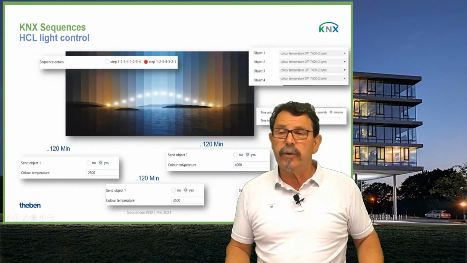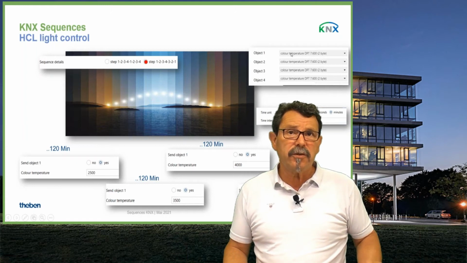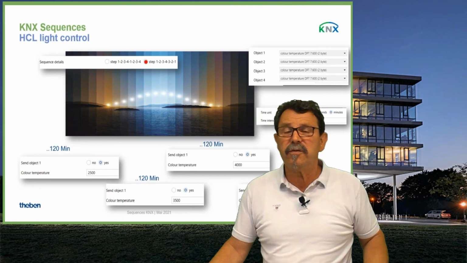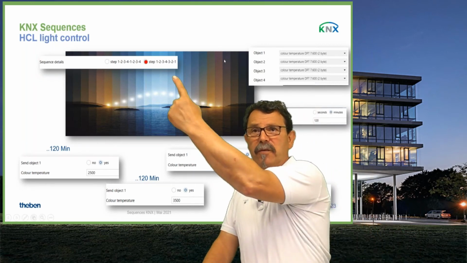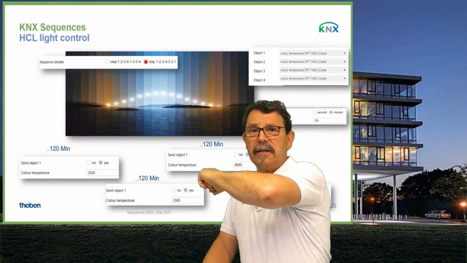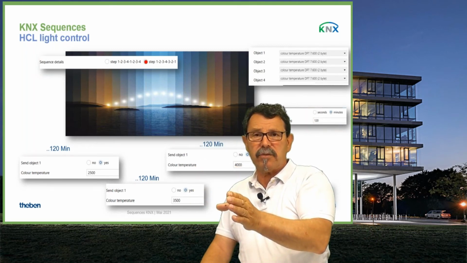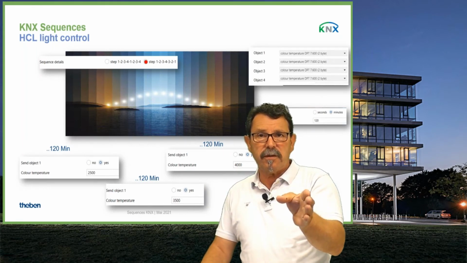How can we achieve this? We need this control command you see here on top. This color temperature has, in total, 4 objects. And you remember we have the options, for instance, to start the time set or the step sets, 1, 2, 3, 4, 1, 2, 3, 4.